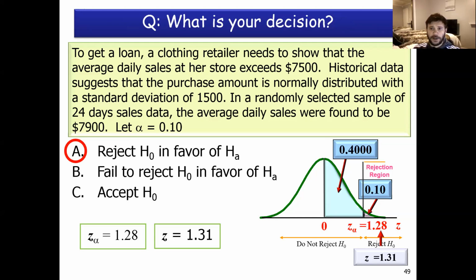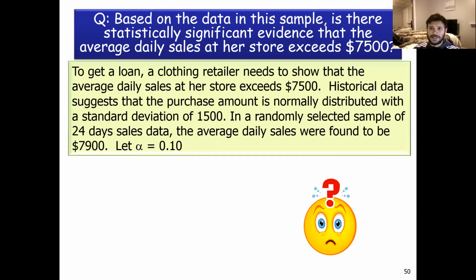To conclude here, based on the data in the sample, is there statistically significant evidence that the average daily sales at her store exceeds $7,500? And the answer here is yes. There is enough evidence to conclude that the average daily sales does exceed that threshold. So that is it for this particular segment.